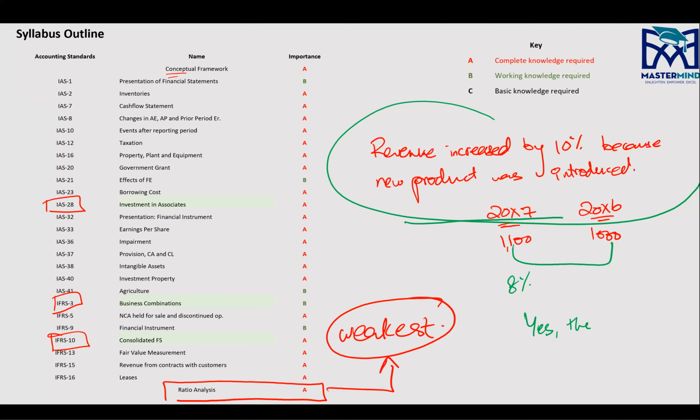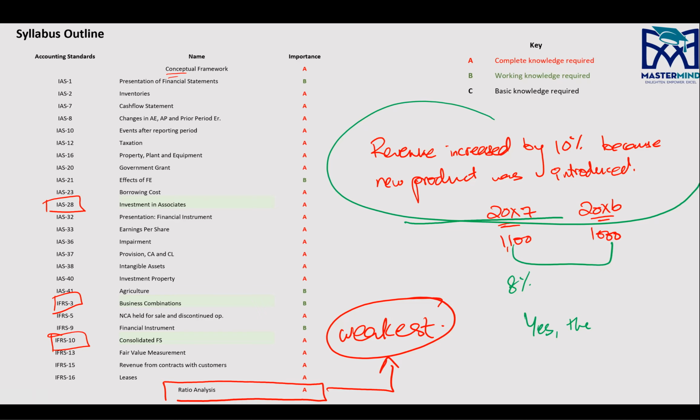And in F3 they were very good with interpretation of FS, because that was just simple ratio analysis. But when they came to F7 FR, financial reporting, it became their weakest part, because all they knew was the formula of gearing, the formula of asset turnover, the formula of current ratio. They didn't know exactly how to interpret it.